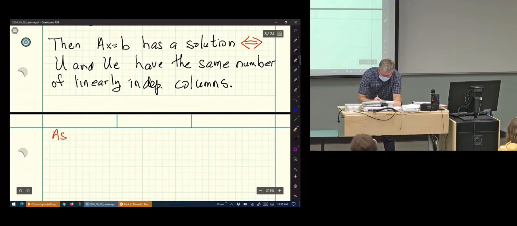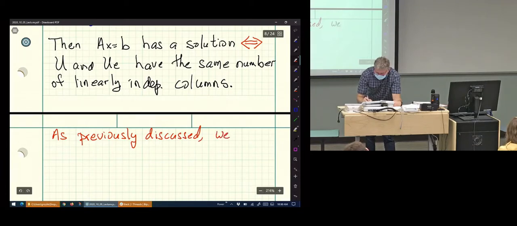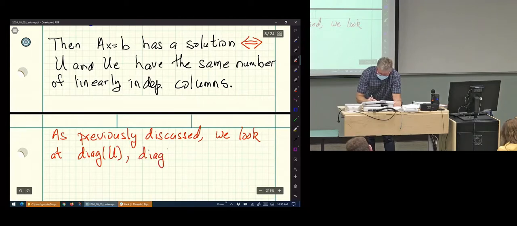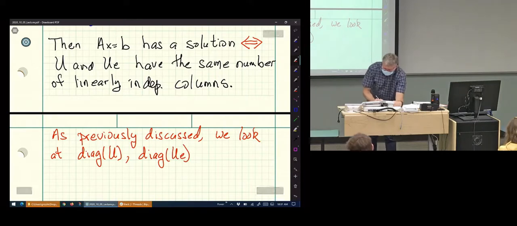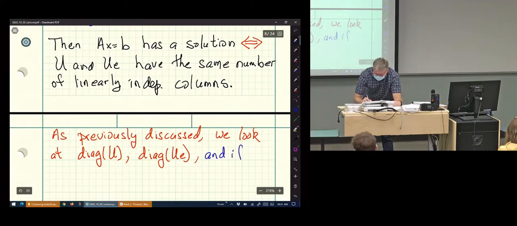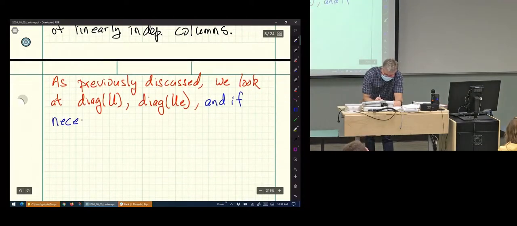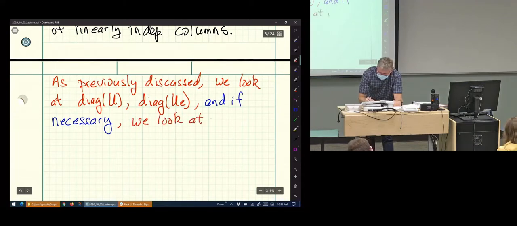And then, as we just finished discussing, as previously discussed, we look at the diagonal of U, the diagonal of UE, and if necessary, meaning we have more than one 0 on one of those, we look at the rows of U and UE.